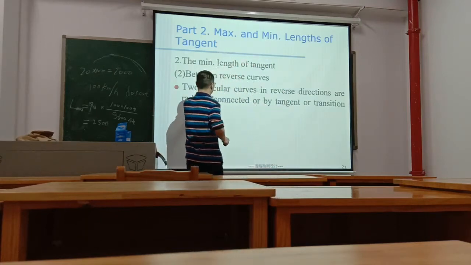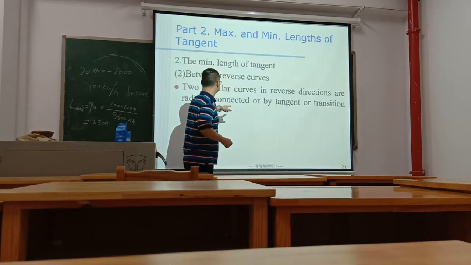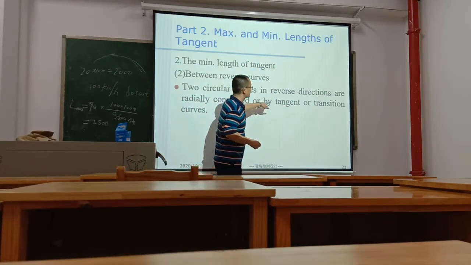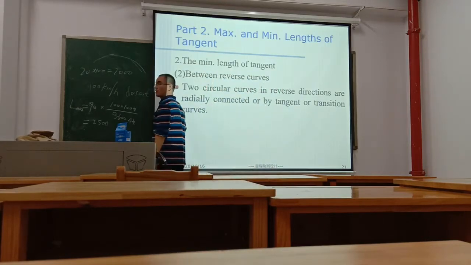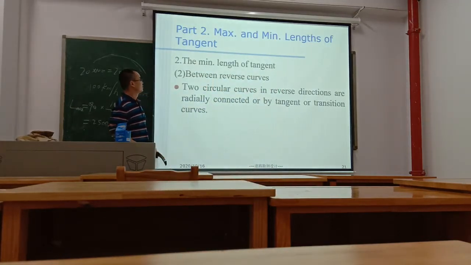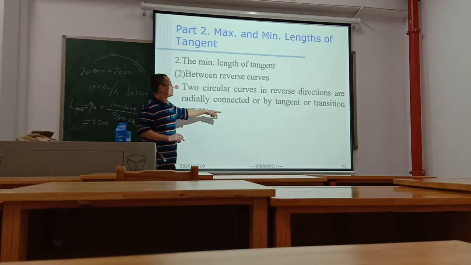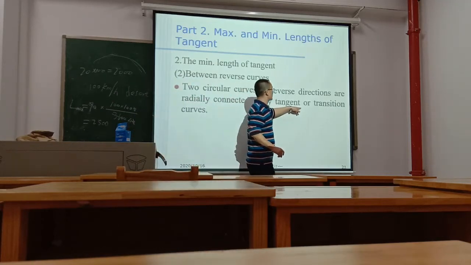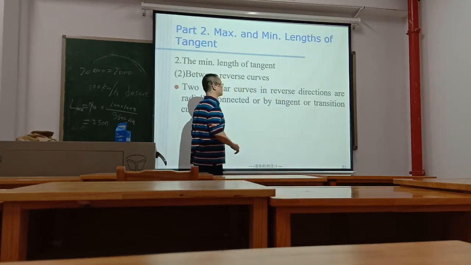The two circular curves in reverse direction are connected by tangent or transition curves.